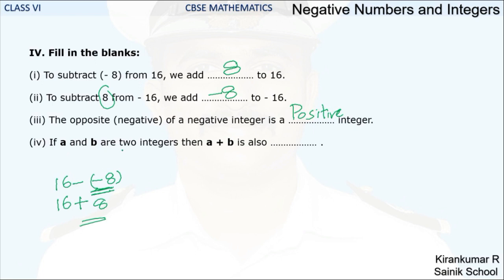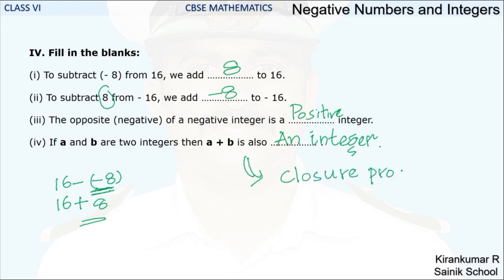If a and b are two integers, then a plus b is also an integer. You can see in all the examples, whenever we are adding two integers, we get another integer. This property is called as a closure property.